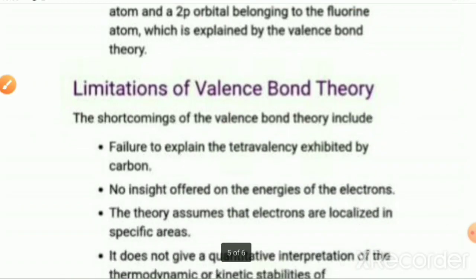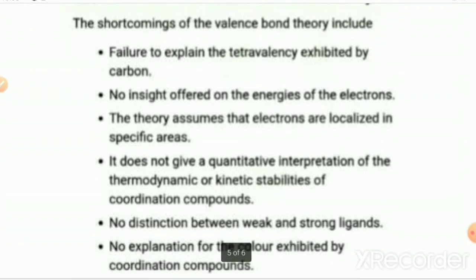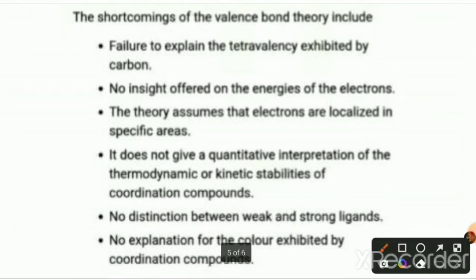So let us explain the limitations, the shortcomings, the drawbacks of valence bond theory. The first shortcoming is that it cannot explain the tetravalency exhibited by the carbon atom.